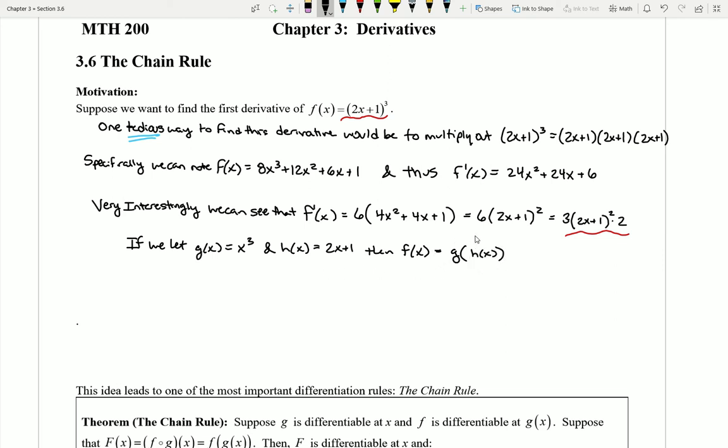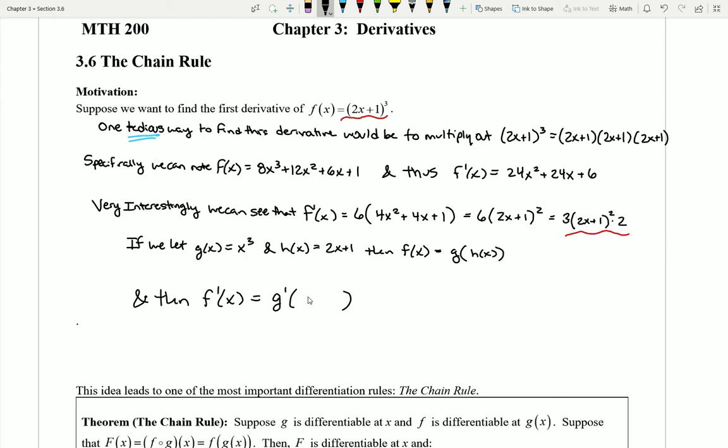And so then when I take a look at its derivative, I can see that what happened here is that in order to take the derivative of f, I started by taking the derivative of g, of this outermost operation. So I had a g prime, and that g prime would have been like a 3x squared. But notice that my derivative didn't have an x squared.